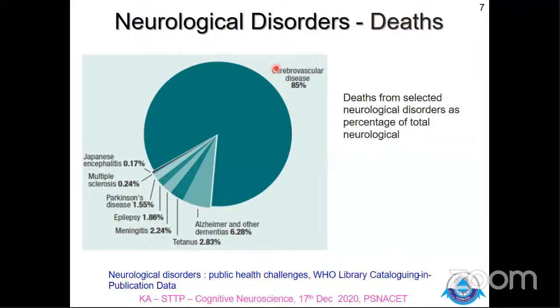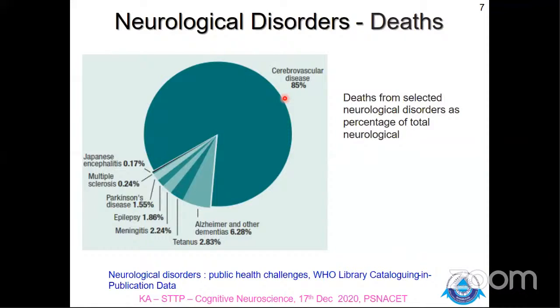Now, if we compare death-wise: if 100 people are affected by neurological disorders, how many die due to them? For cerebrovascular disease, it goes to 85%, which is very dominant.